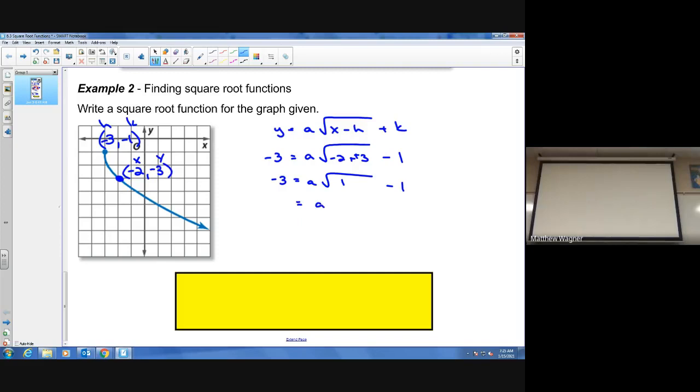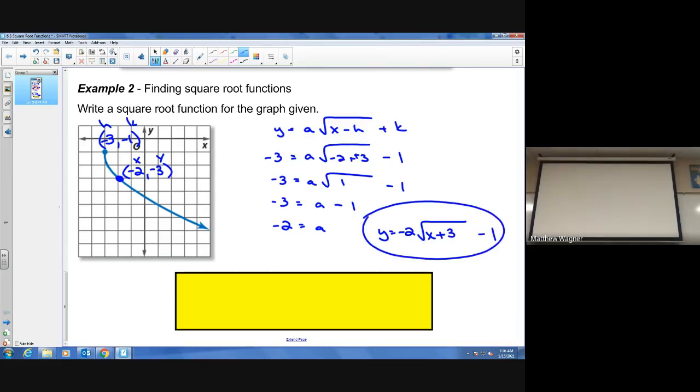So we have a times the square root of 1, which is just a. All right. And we add 1 to both sides, so a is -2. So my square root function must be -2 square root of x plus 3. And then that -1 should be on the outside of your radical.